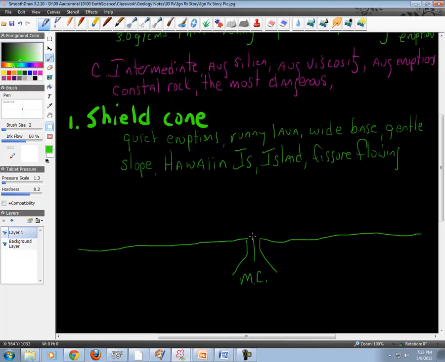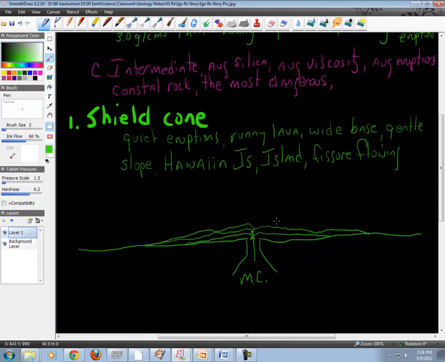And when it comes up, it doesn't pile up here at the opening. What it does is it flows out as far as it possibly can, in both directions. This would be your crater. Next eruption comes out, flows farther, and this eruption flows farther, and it just keeps doing that.